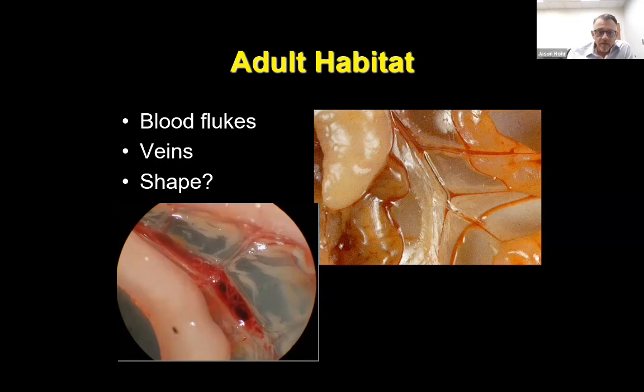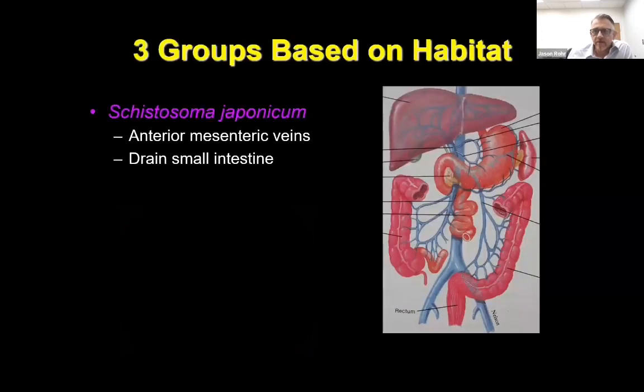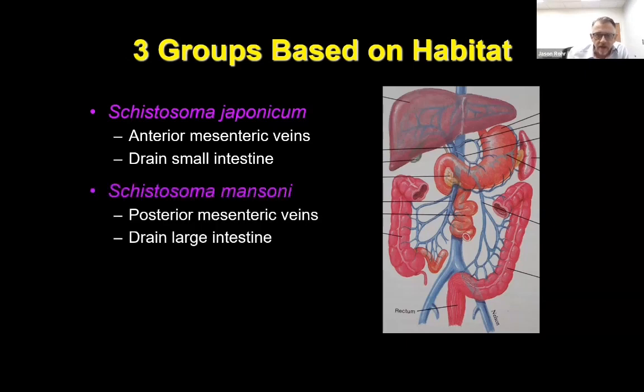So there are three major species of schistosomes that infect humans. There's Schistosoma japonicum, and it is found in the anterior mesenteric veins that drain the small intestine. There's Schistosoma mansoni. It's found in the posterior mesenteric veins that drain the large intestine.